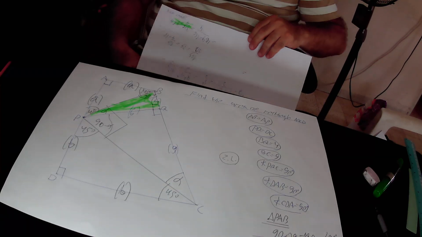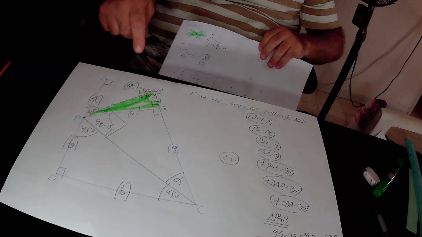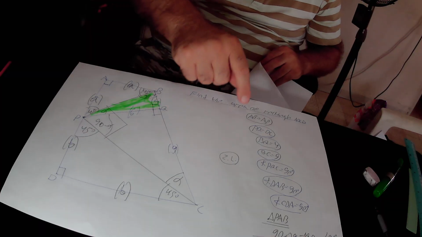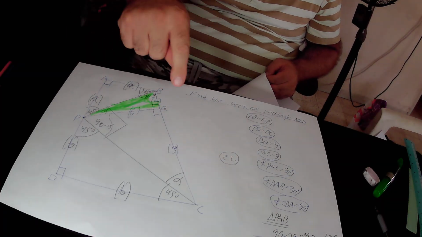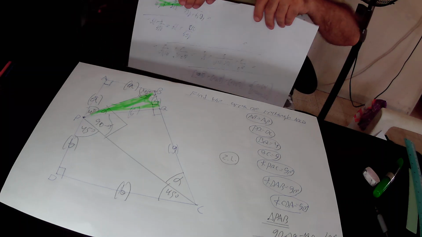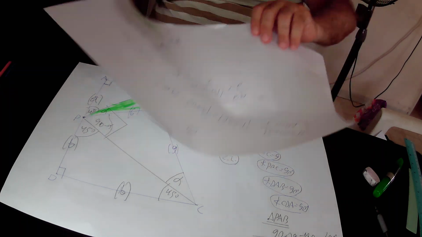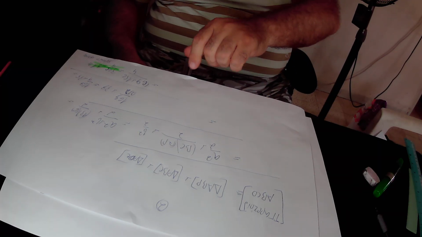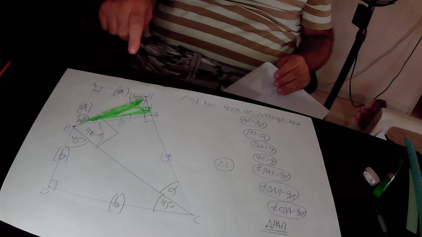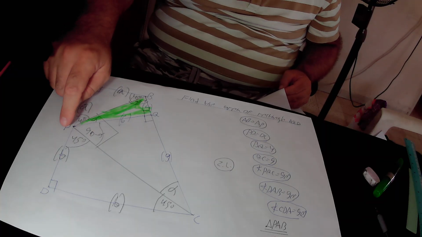Plus the area of the second component. The second component is the big right triangle PBC. The area of the big right triangle PBC will be equal to the base BC times the height QP over 2. Plus the area of the third component, that is the area of the right triangle PDC.